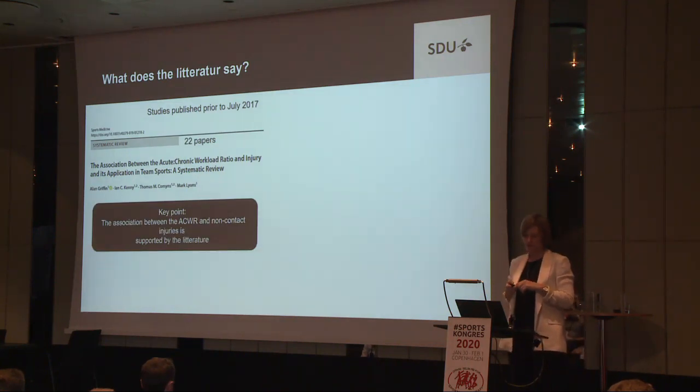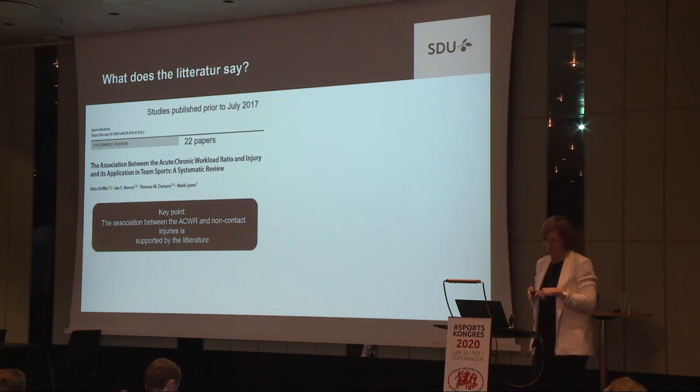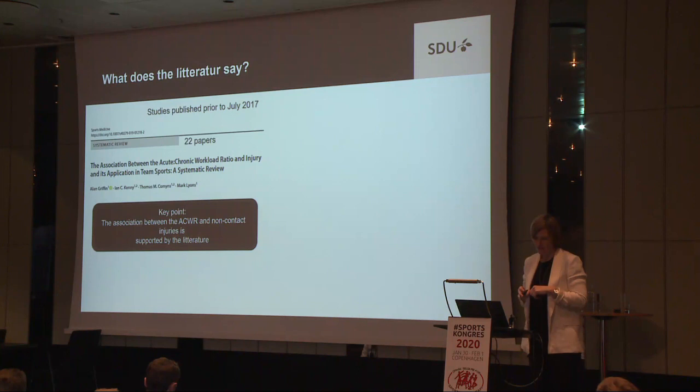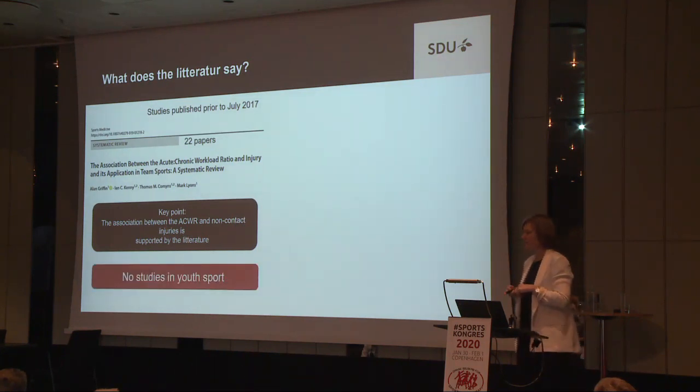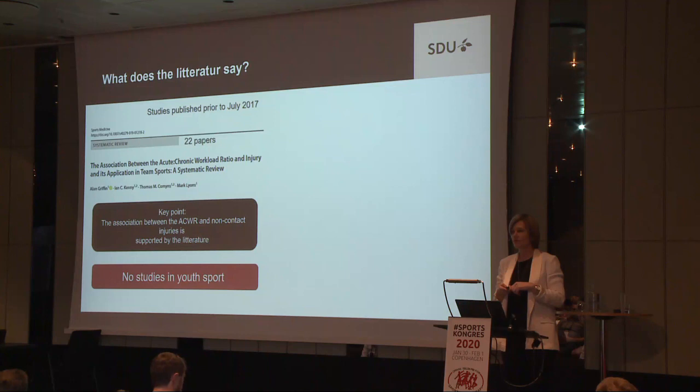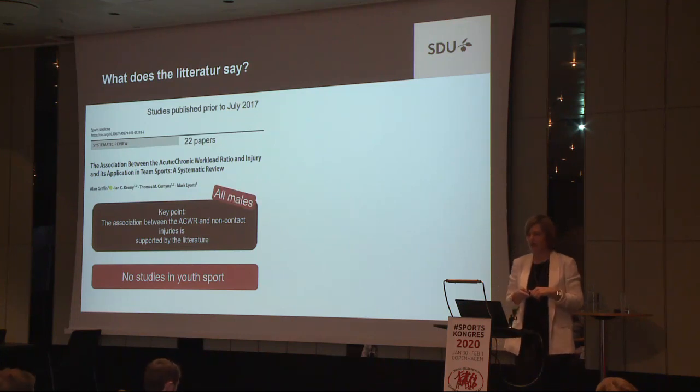But nevertheless, one of the key points from this systematic review from 2019 was that the association between the chronic workload ratio and non-contact injuries is supported by the literature. So that's one thing. The other thing is, in that review, there are no studies included on youth, and all studies are on males.